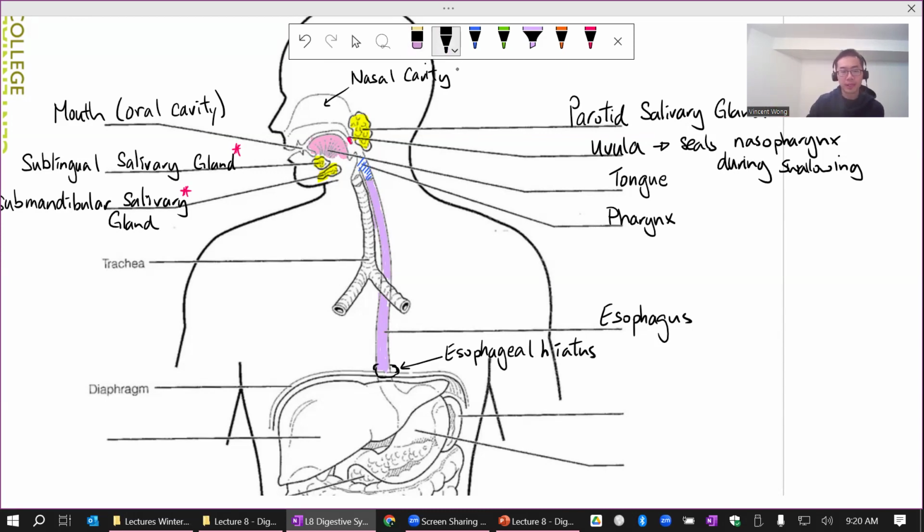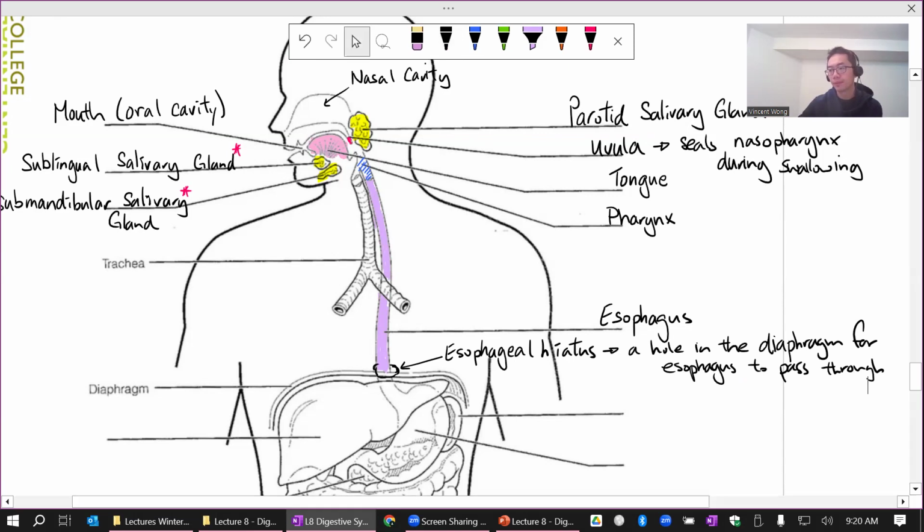It's like a little break in the diaphragm for the esophagus to go through. A hole in the diaphragm for the esophagus to pass through. Okay. That's all.